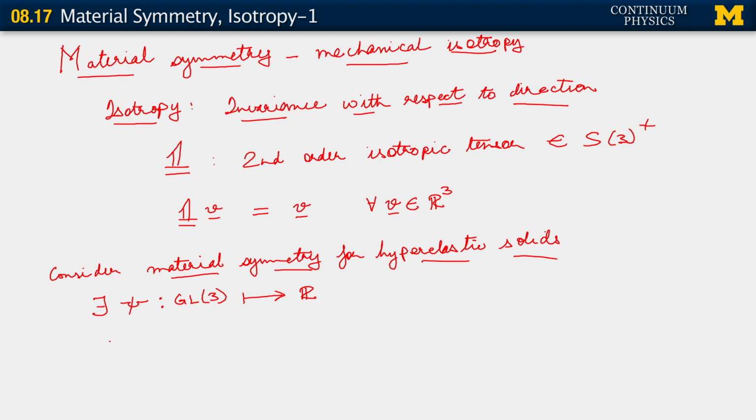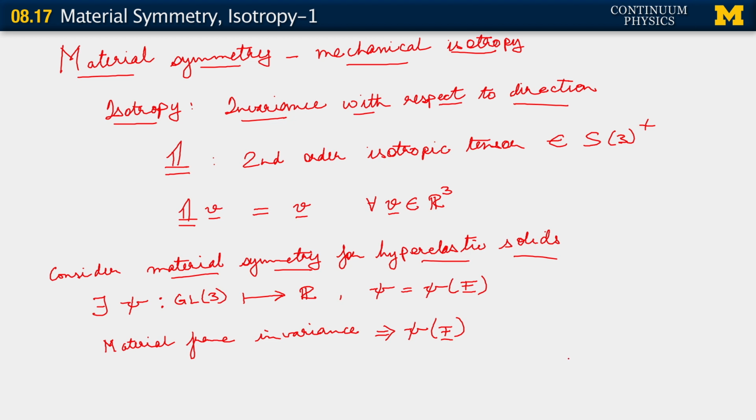And of course, what we already know, and we spent quite some time studying this, is that the requirement of material frame invariance or objectivity implies for us that psi, which first of all from the notion of hyperelasticity, is a function of F, F being the deformation gradient tensor.